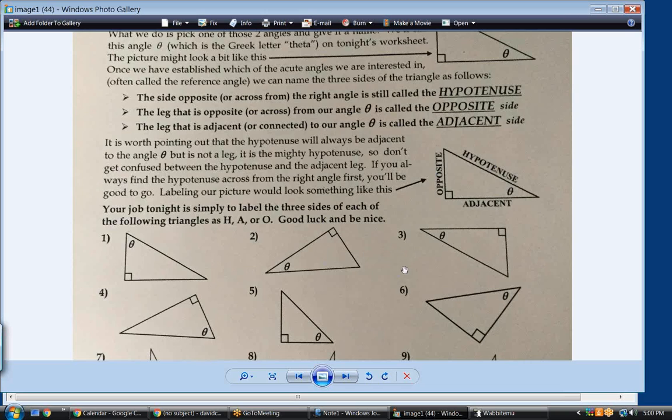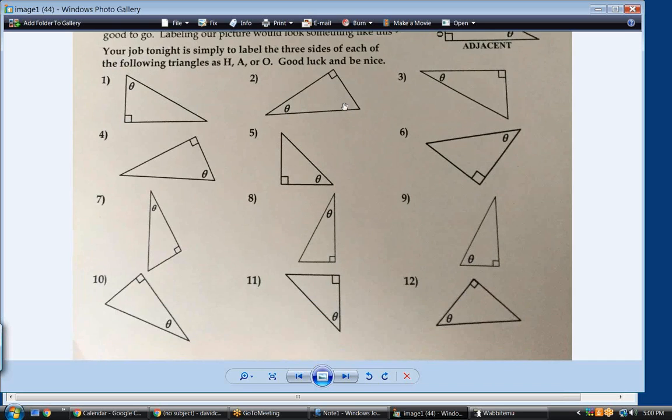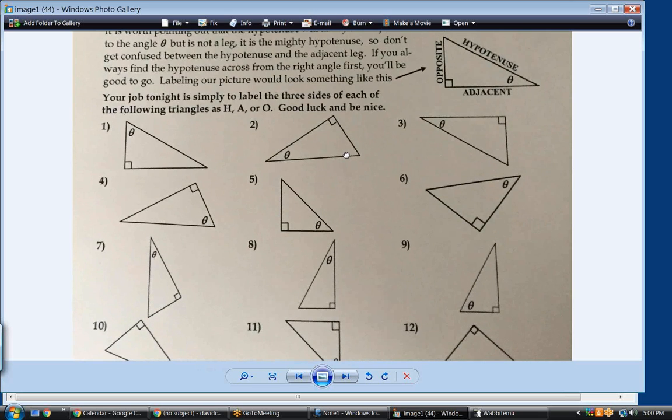So all this exercise wants you to do is label H, A, or O for these triangles. They don't even put any numbers on them. In other words, this is O for number 1. That's A, and that's H. So first step is to make sure you can do that, and that's what this page does.